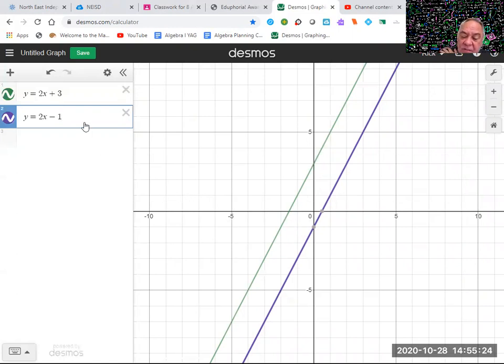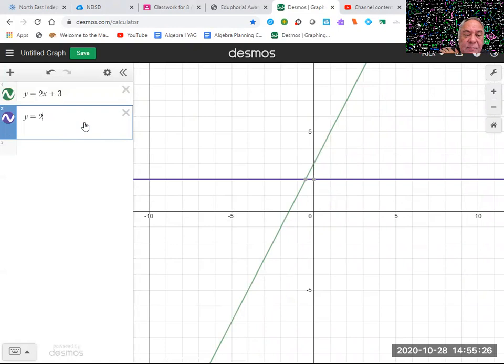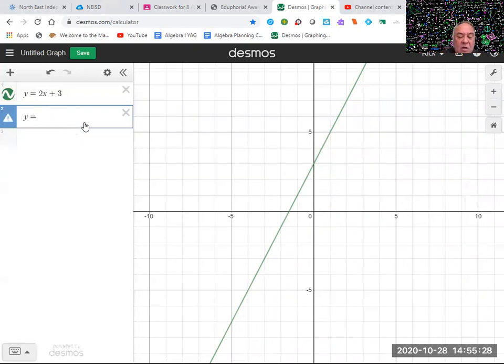The third option is y equals 2x plus 3 again. Now, what I have is two lines, but one's on top of the other.